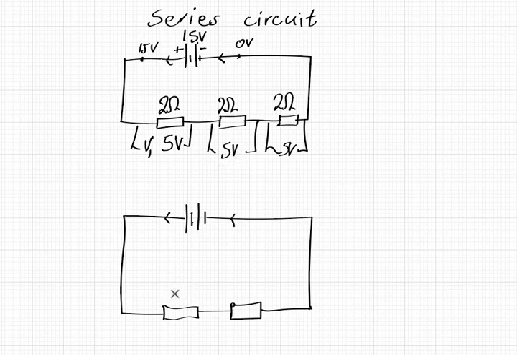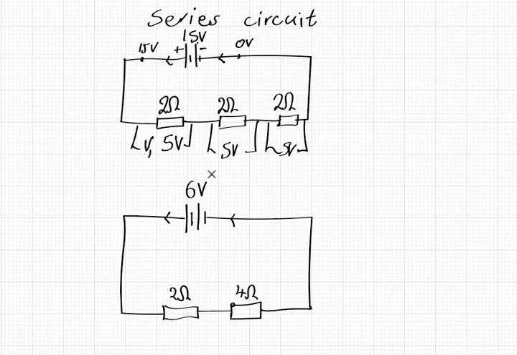So let's say this resistor has a resistance of 2, and then this one 4, and the voltage of the source is, let's say, 6 volts.